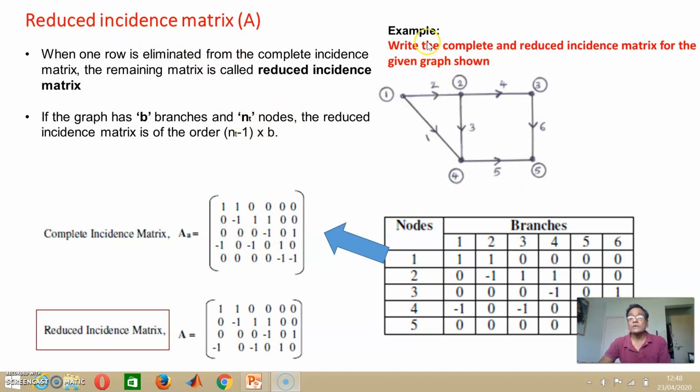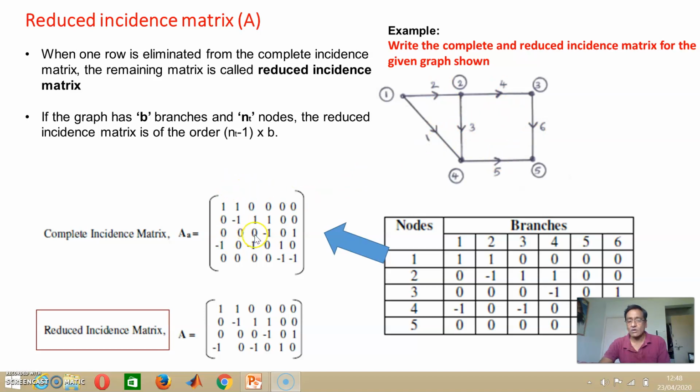And let us now look at this example. In the example, you can see a network graph. A complete graph is given, and there are 1, 2, 3, 4, 5 nodes. So the number of rows of the complete incidence matrix is 5, that you can see here. And similarly, the number of branches here is 1, 2, 3, 4, 5, 6.